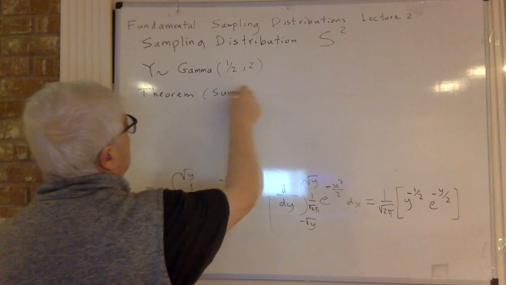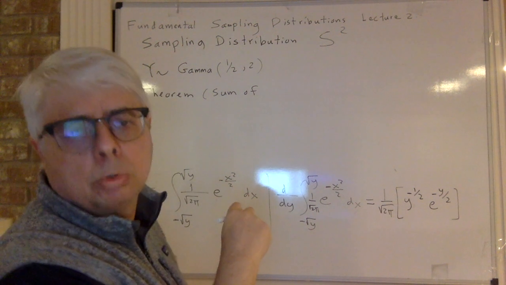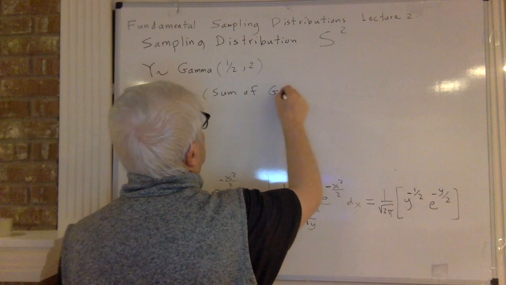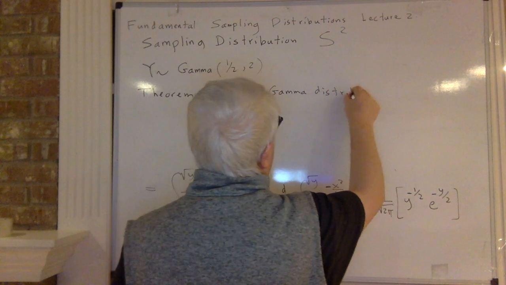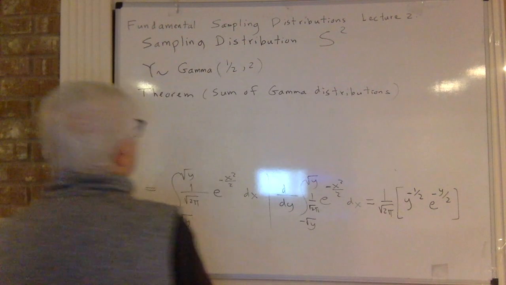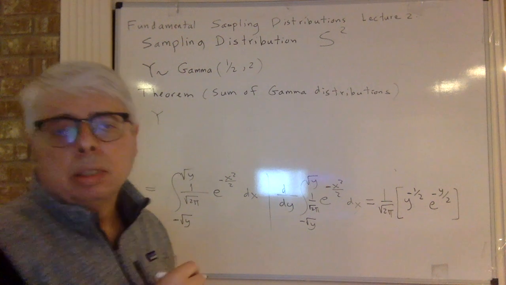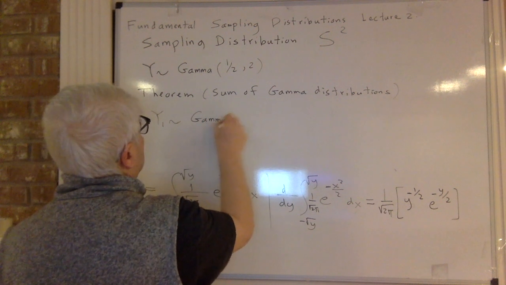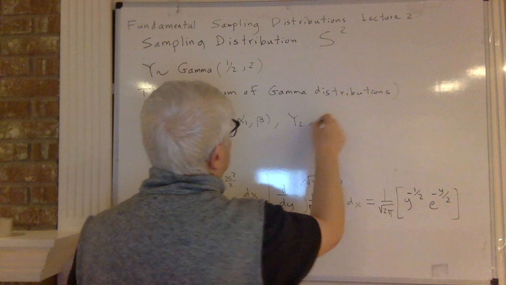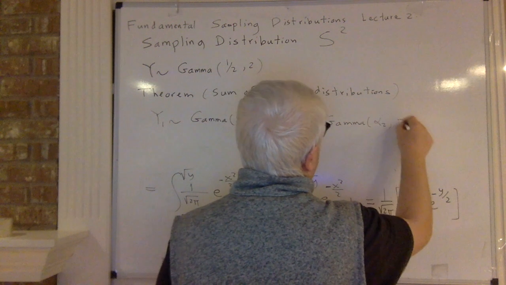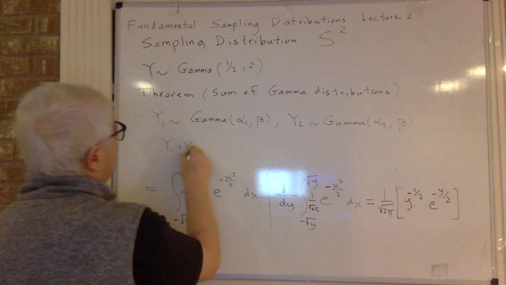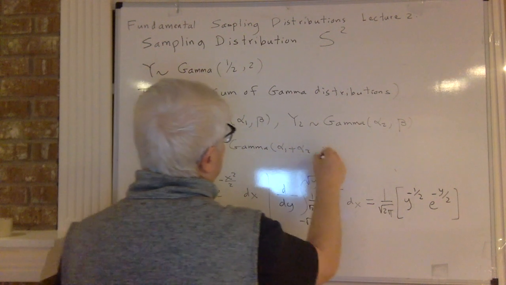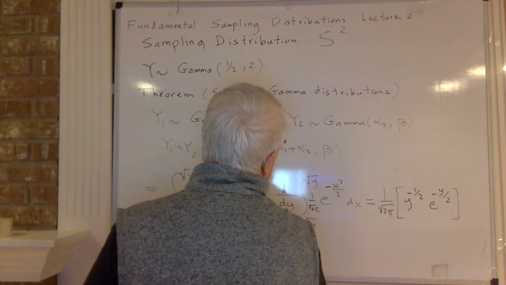I'm not going to prove it, but anyway, the sum of gamma distributions: if y1 is gamma alpha 1, beta, and y2 is gamma alpha 2, beta, then y1 plus y2 is gamma alpha 1 plus alpha 2, beta. So beta should be fixed here.